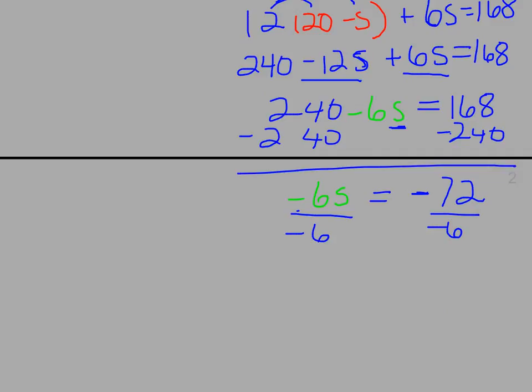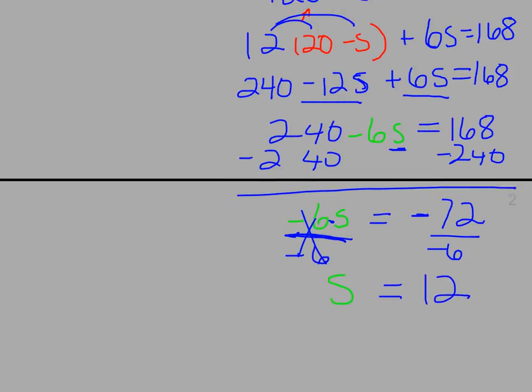A lot of people think, oh, it's negative 6, so shouldn't I add 6? But remember, I'm trying to get rid of negative 6, which is being multiplied by S. The opposite of multiplication is division, so that cancels it out. And S by itself is negative 72 divided by negative 6, which is 12.